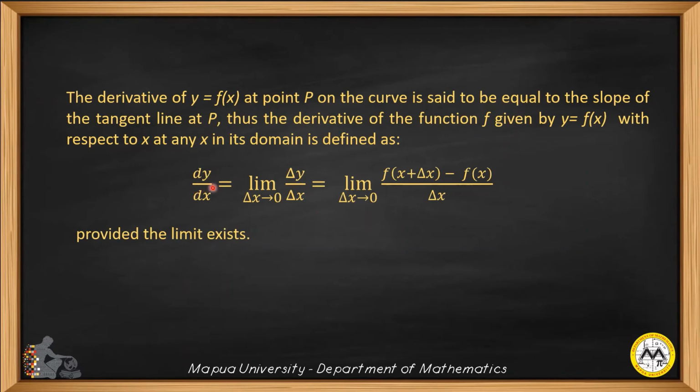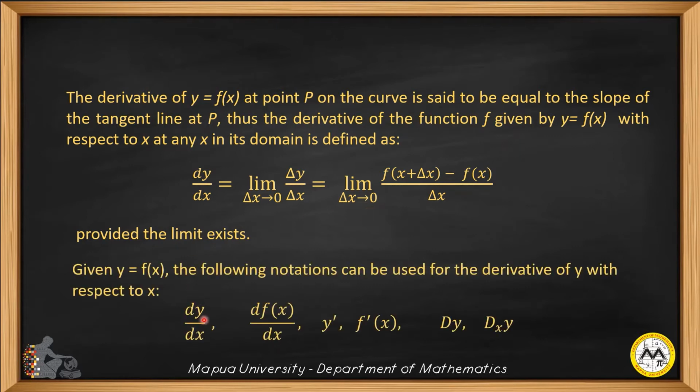The derivative of y with respect to x is equal to the limit of delta y over delta x as delta x approaches 0, that is, the limit of the difference quotient, the difference between f of x plus delta x and f of x divided by delta x, as delta x approaches 0. This is provided the limit exists.